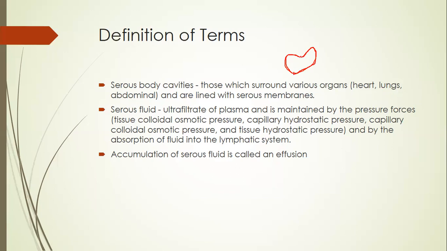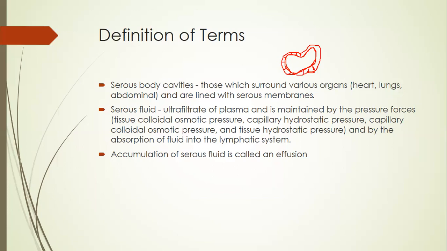And after the visceral membrane, there is a space, a very small space, before another membrane will enclose it. And this membrane, after that space, is what we call the parietal serous membrane. And the space in between the visceral and the parietal membrane is what we call now your body cavities.